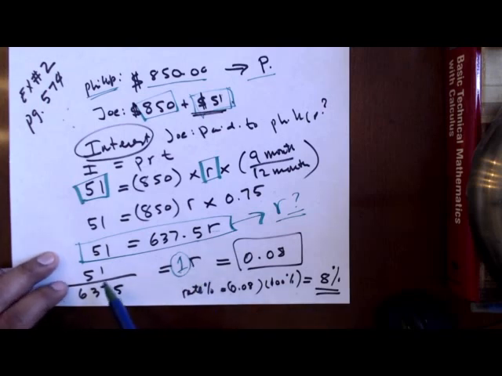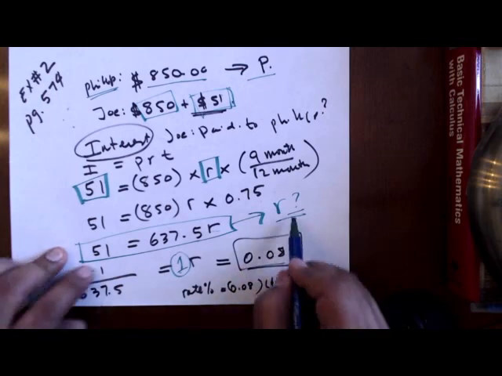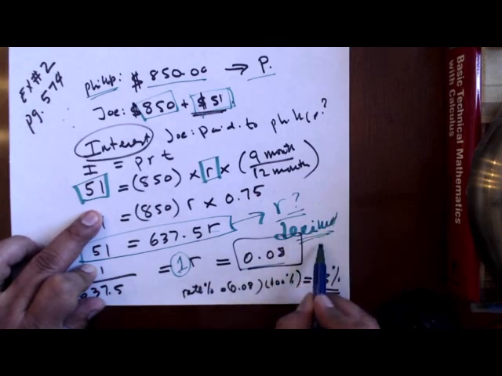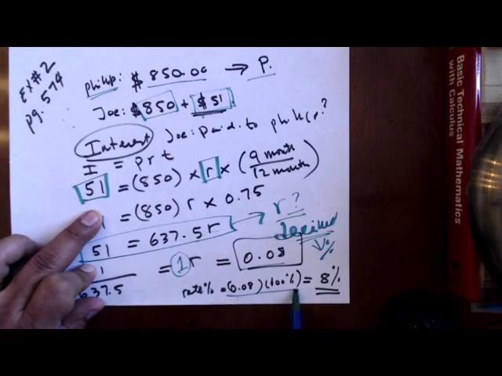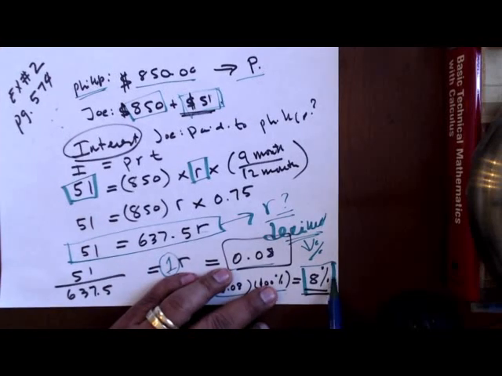And then when we calculate this number, it turned out to be 0.08. But this is a decimal. So this number has to be converted into a percentage, and to do that, we multiply this number by 100%, and so the answer that we get is 8%. That should be our answer.